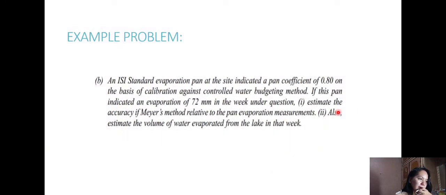So that is the estimate of the accuracy of Meyer's method relative to the pan evaporation measurements.